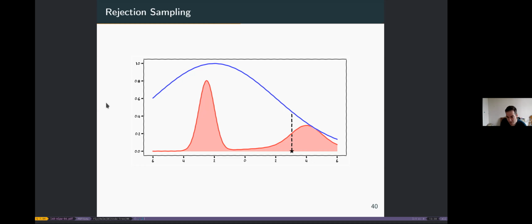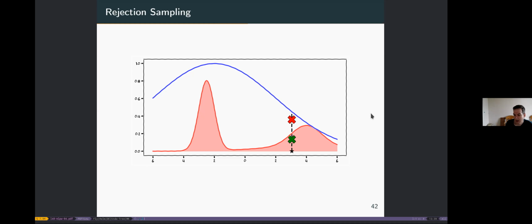And then I draw a uniform sample between 0 and the value of that blue distribution up there. Now, because I'm able to evaluate the red distribution, if that sample ends up above the red distribution, I reject the black point.